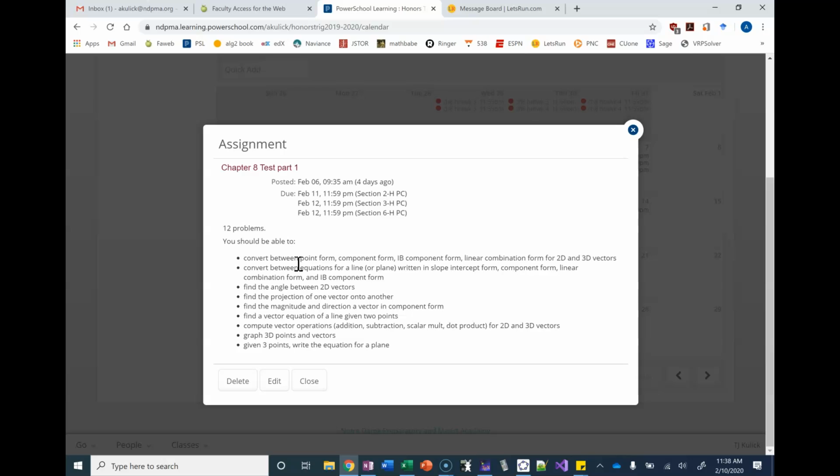So if I give you a vector written in linear combination form and you're doing vector addition, you should be able to convert it into component form so you can do the vector addition kind of thing. And I don't know that any of those questions are going to be specific convert between them, but these are skills you need to have to be able to do larger questions or format your answer in a way that I'm looking for on there.